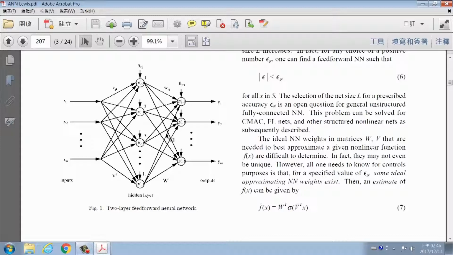The difference is how many hidden layers, how many neurons you use in your application, and how you do the learning. Okay, so if you know the fundamentals, which I will teach today and maybe next Monday, it will be sufficient for you to know how you can use this neural network to approximate nonlinear functions.